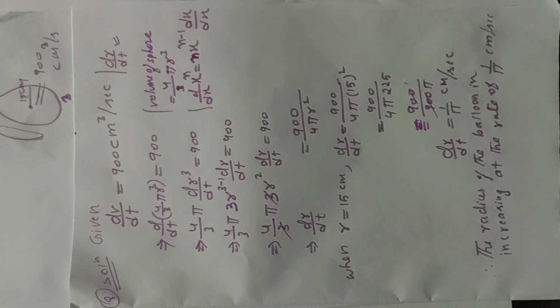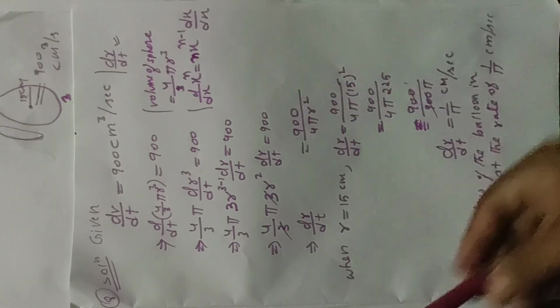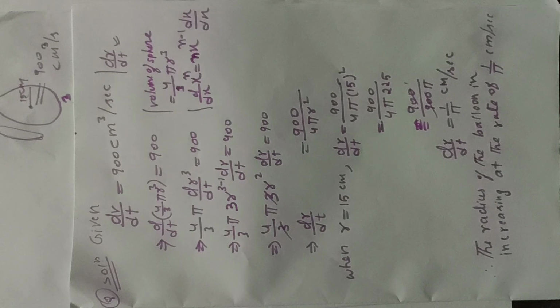How do we know whether it is increasing or decreasing? If there is a positive sign, then it is increasing. If there is a negative sign, then it is decreasing. So this is the final solution of question number 8.